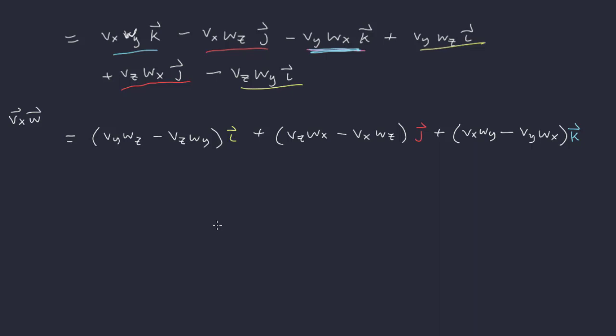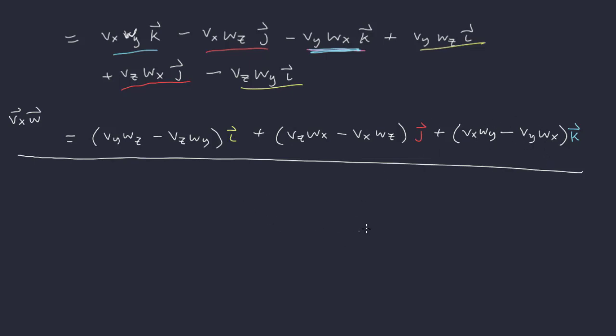Now, in general, this is not something I would recommend just memorizing. Okay, so this is the pattern, and you'll notice that in the I component, we only are looking at the Y and Z stuff. We're not looking at the X stuff. In the Y component, we're only looking at the Z and X stuff. We're not looking at the Y stuff. And here in K, we're only looking at the X and Y stuff, none of the Z stuff.